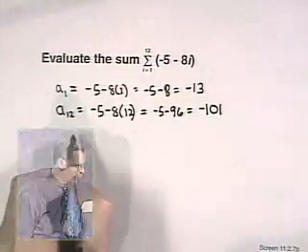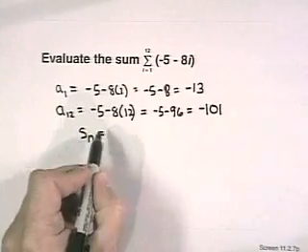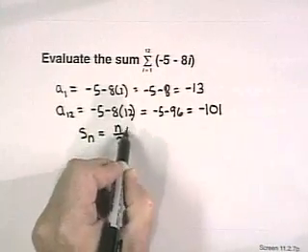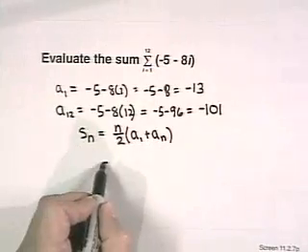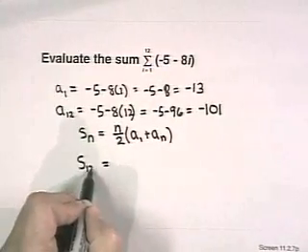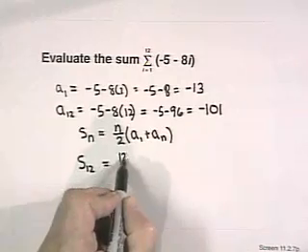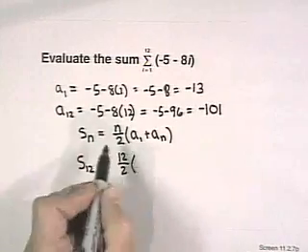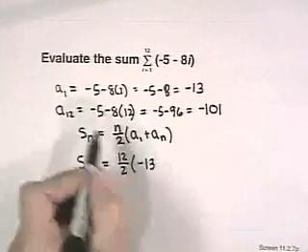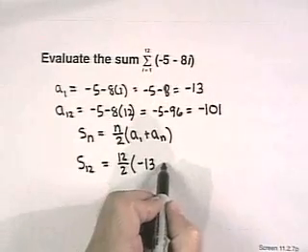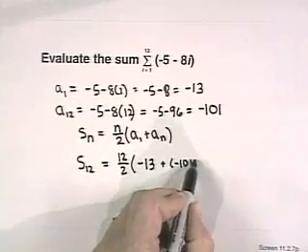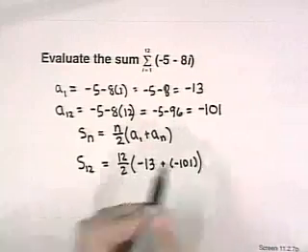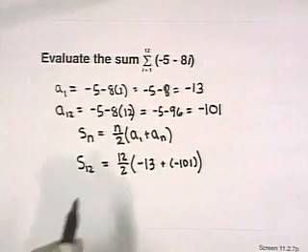We'll now use the formula again, S sub n equals n over 2 times a1 plus an. We want the 12th sum, so we'll put a 12 there, and negative 13 is our a1, plus negative 101 is our a sub 12.